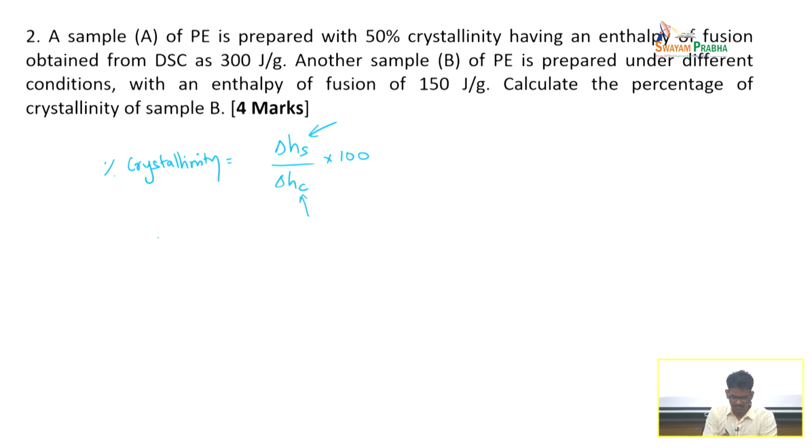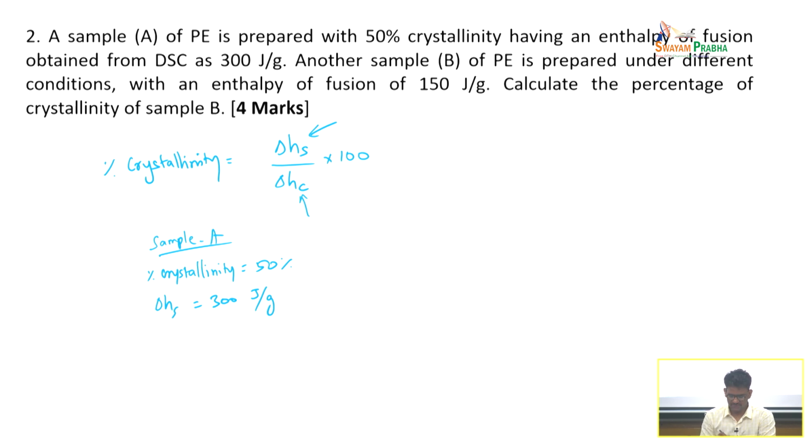Okay. So, sample A, what is given? We are given that the percentage crystallinity is 50% and delta Hs is 300 joules per gram. These two data are given.